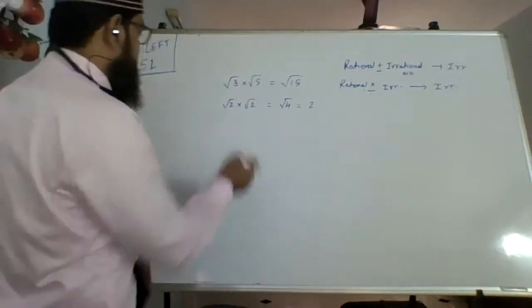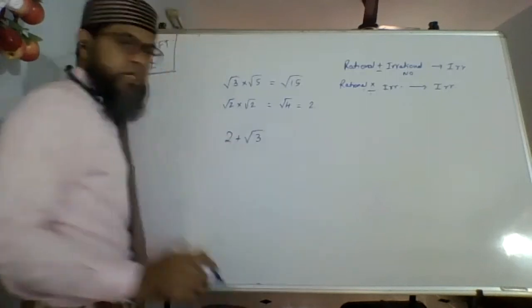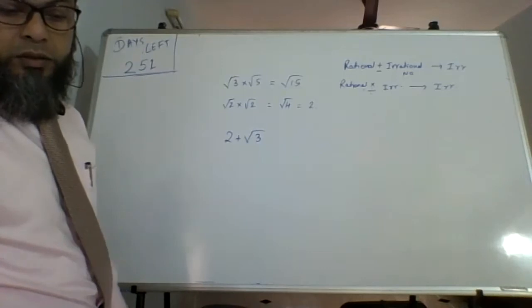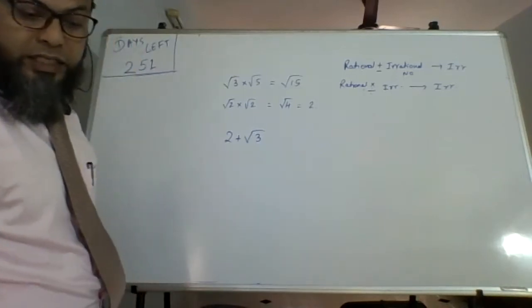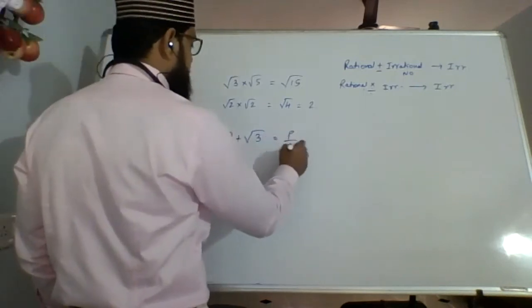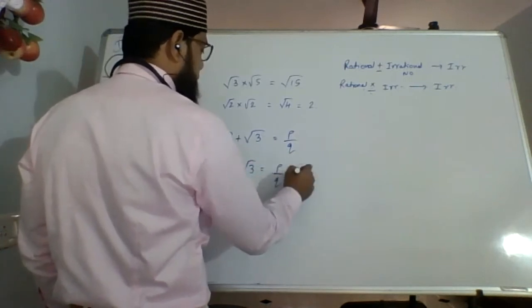Okay, so if you were to prove 2 plus root 3 is irrational, how do you prove it? Simple, we'll use the same logic. Let us assume that it is rational. So if it is rational, it will be P upon Q. So root 3 will be P upon Q minus 2.